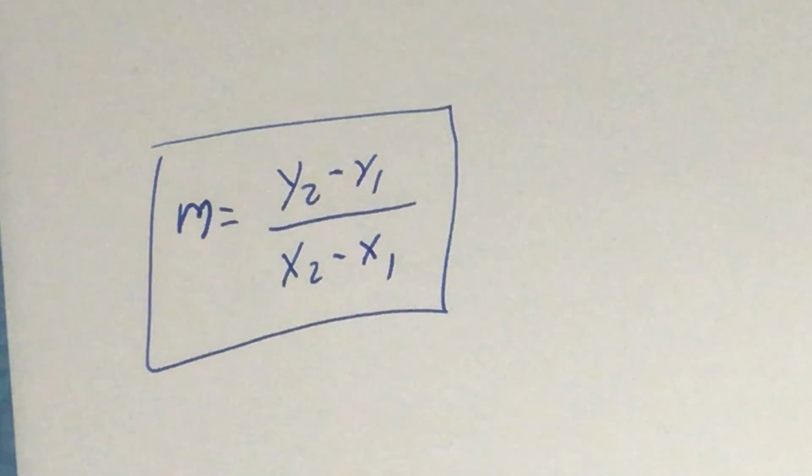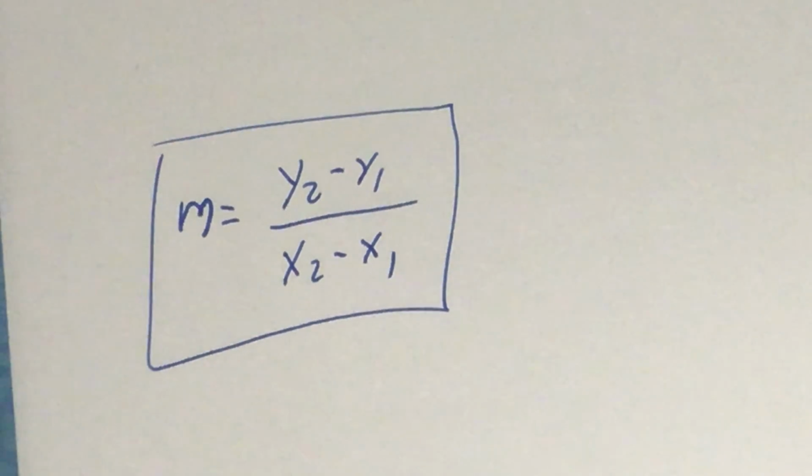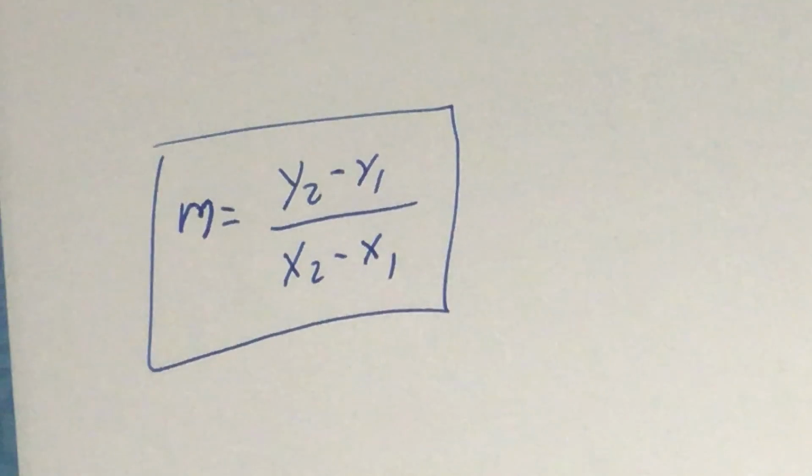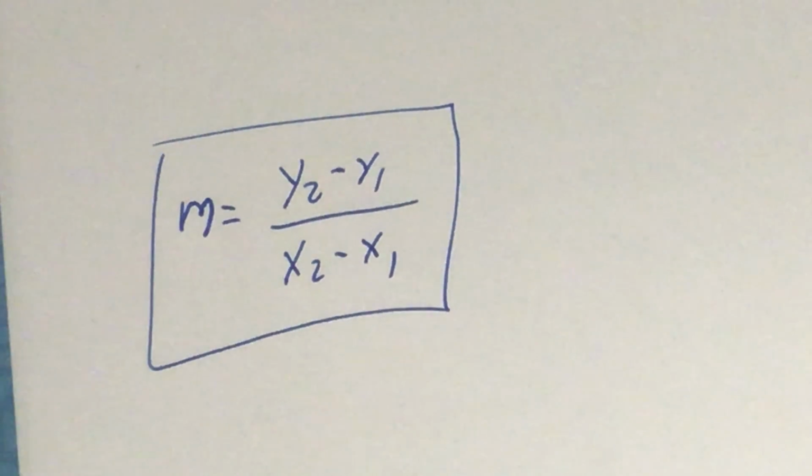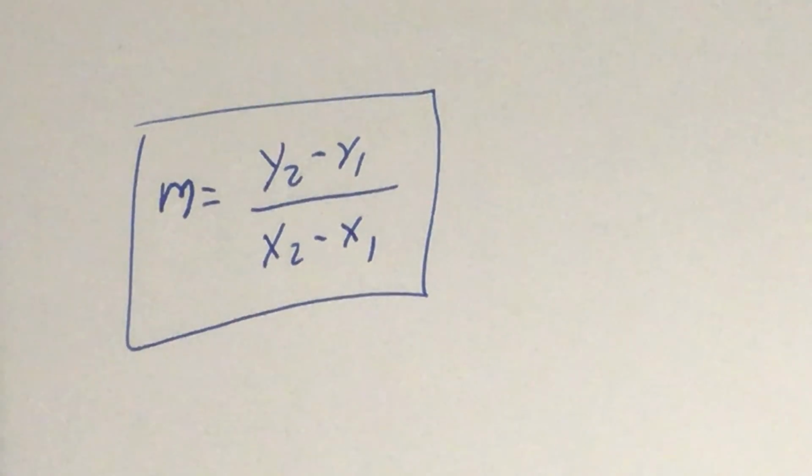Okay, and what that means, if we subtract the y coordinates and we subtract the x coordinates, it'll save us some time from having to graph every point and draw out these triangles. Okay, so I can get any 2 points, and we're going to practice one right now before we move on to the warm-up, just so you can see it.